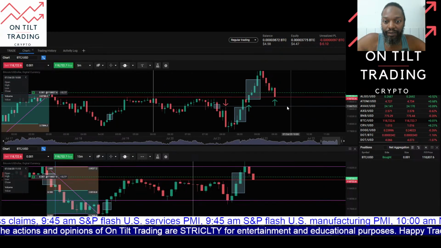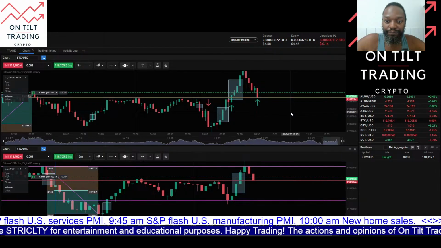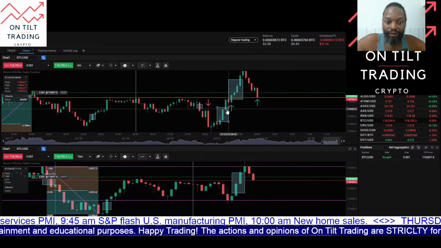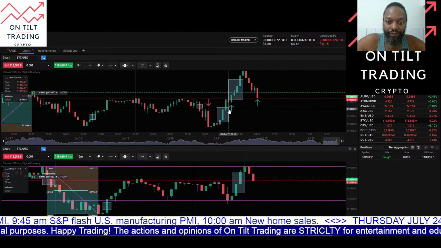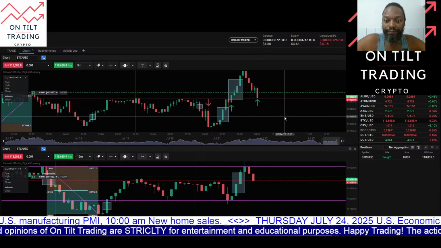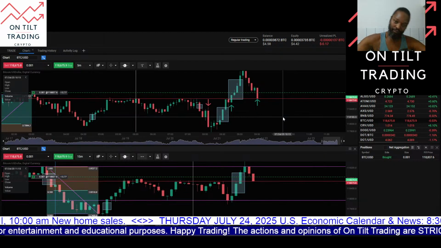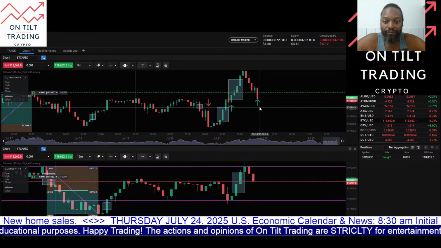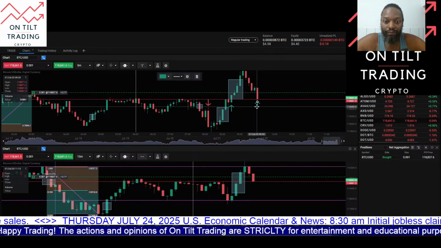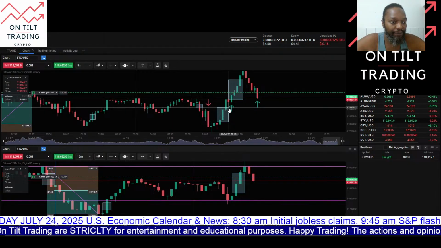And price being delivered lower to the sell side here. And price coming in to close the fair value gap here. And price has closed the fair value gap here.